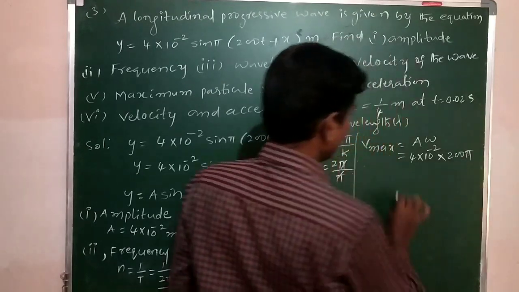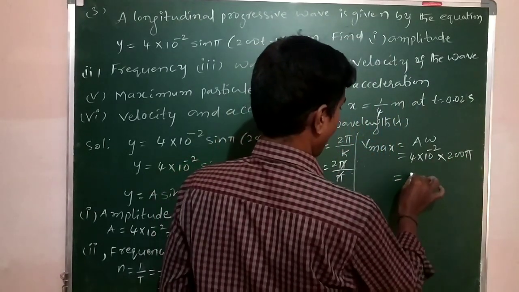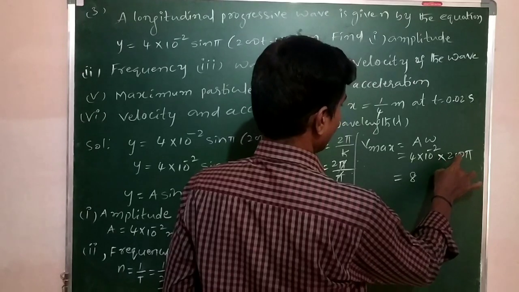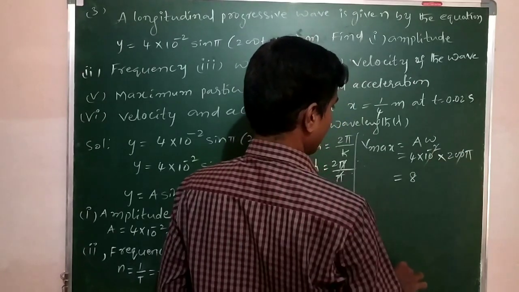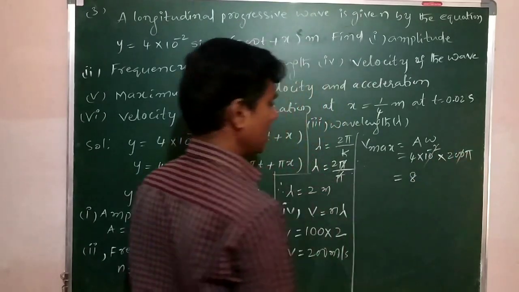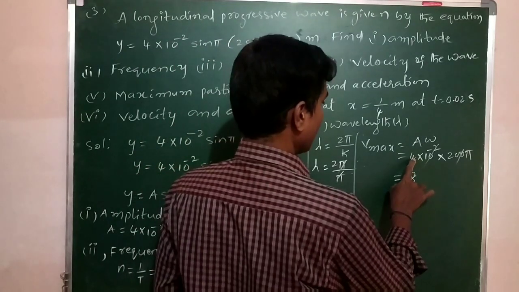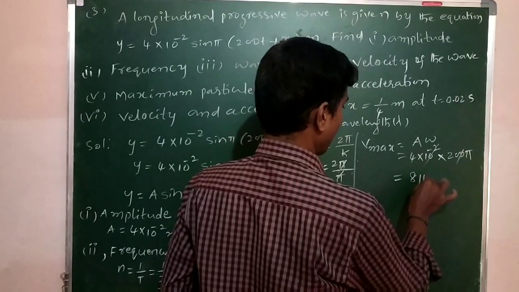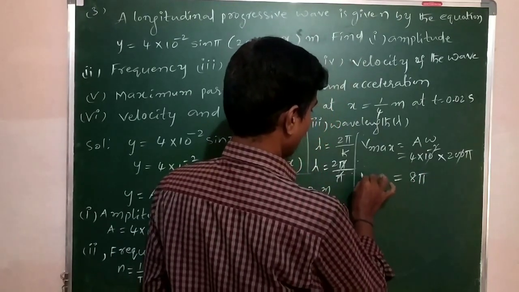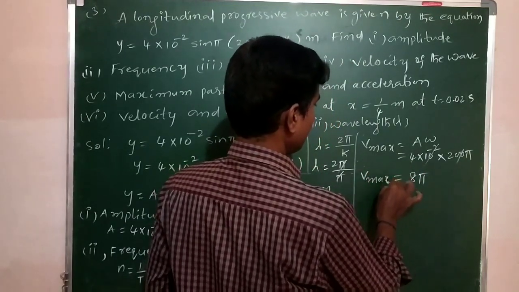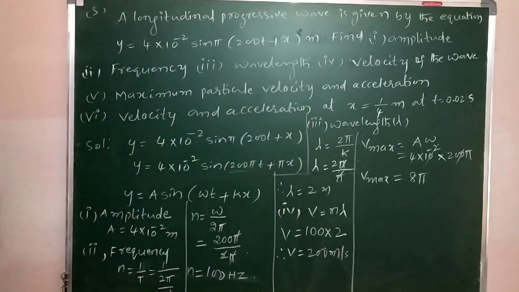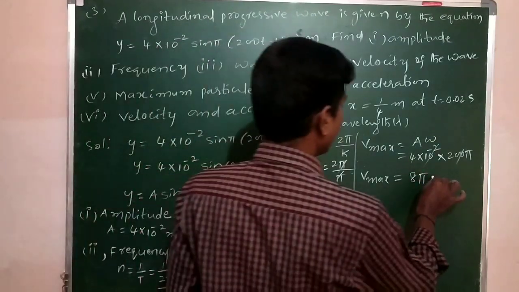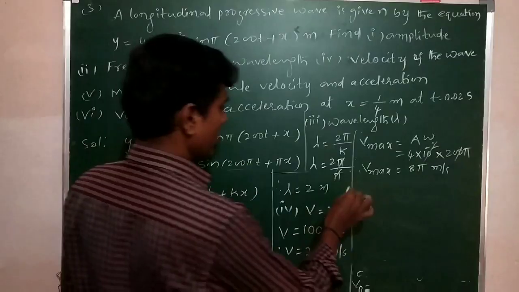Finally, 10 square is cancelled with 10 to the power minus 2. The final 4 into 2, that is 8 pi. V max is 8 pi meters per second.